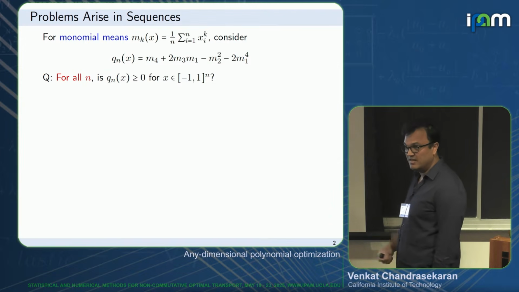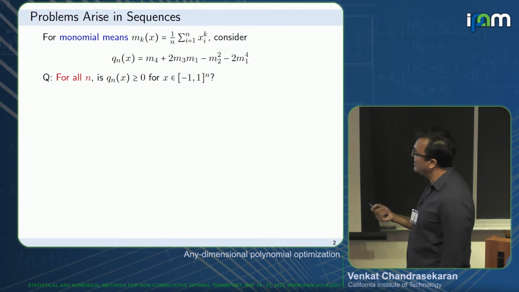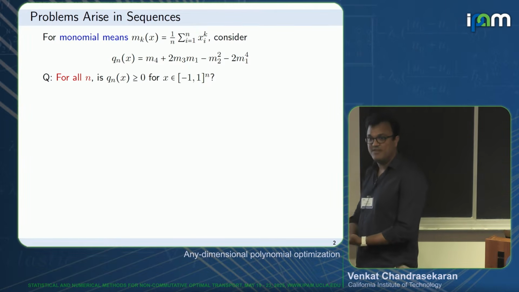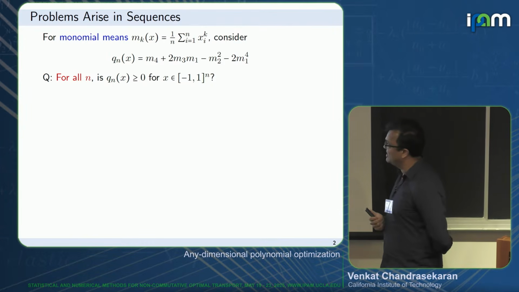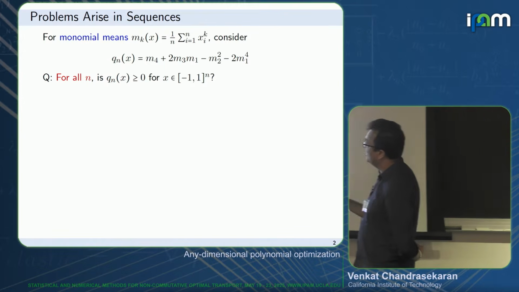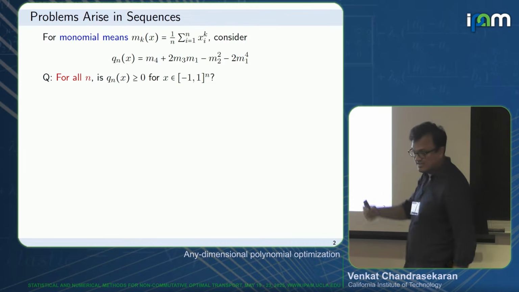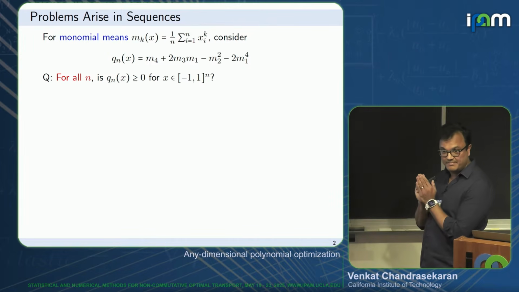Qn is a polynomial in x. And what's interesting about Qn is that it's somehow evidently defined for all n, just in the way it's written. And the question is, is it the case that Qn is non-negative for x's in the box, but for all n, not just for a fixed n?